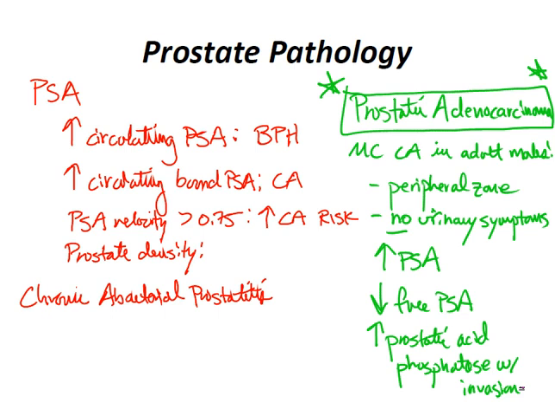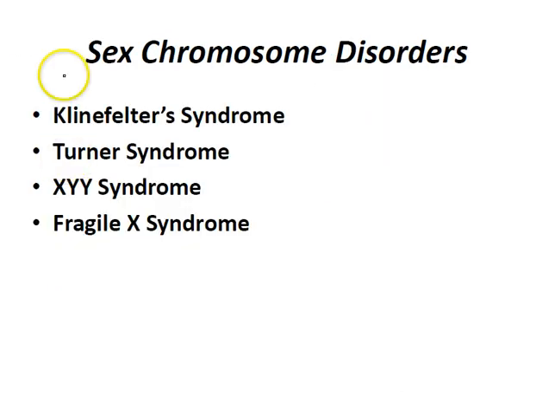And that is prostate pathology. So what about sex chromosome disorders? We have Klinefelter's, Turner's, XYY syndrome, and Fragile X syndrome. So Klinefelter's is about 1 in 850 people. It's 47,XXY.